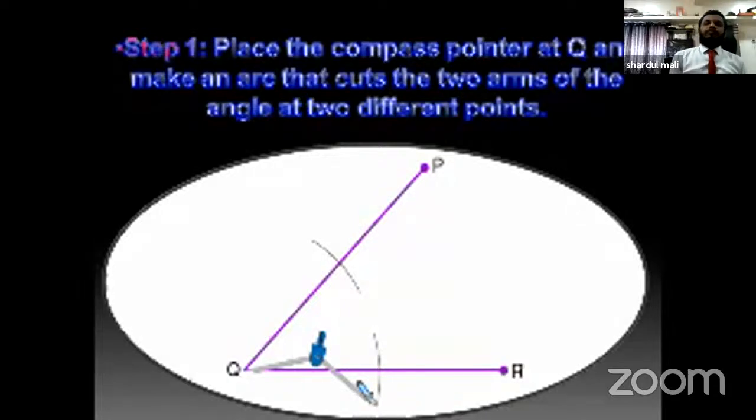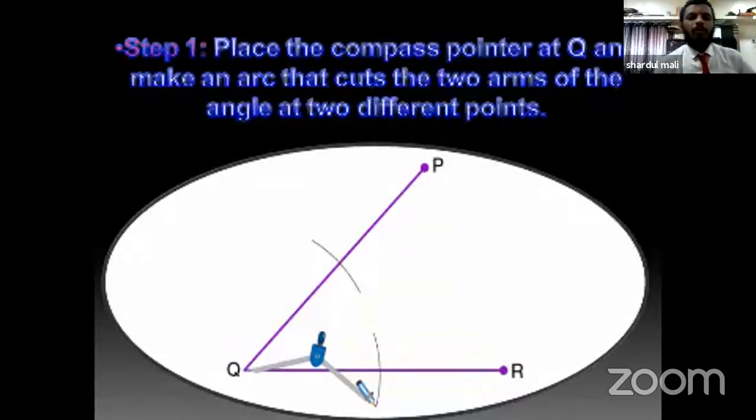It means that for bisecting the angle, we use a compass, fit a pencil in it, and put the metallic point of the compass on the vertex of the angle, point Q, and make two arcs which intersect the two arms of the angle, or the two sides of the angle.